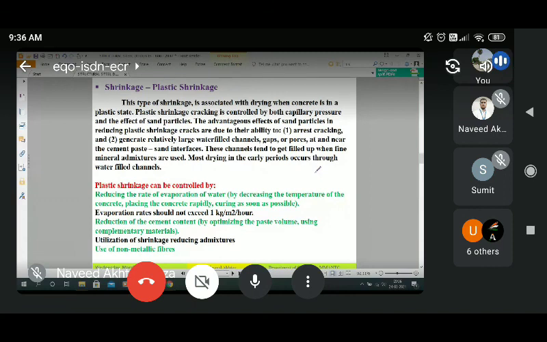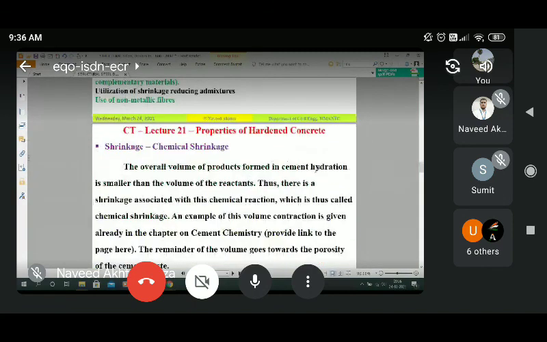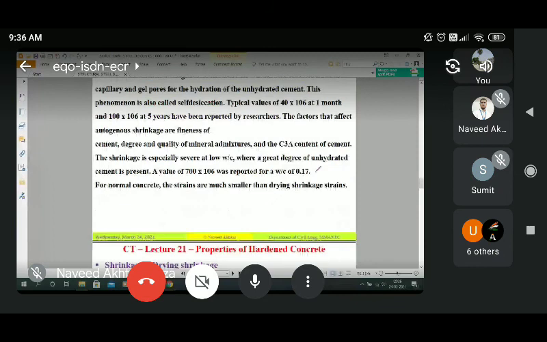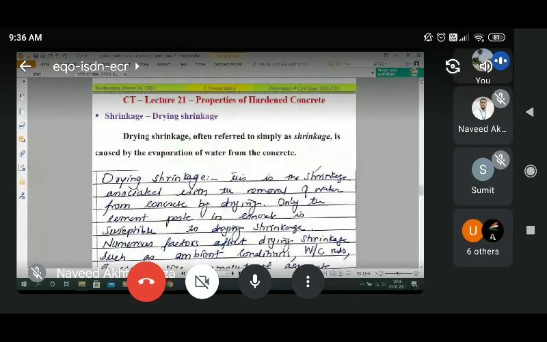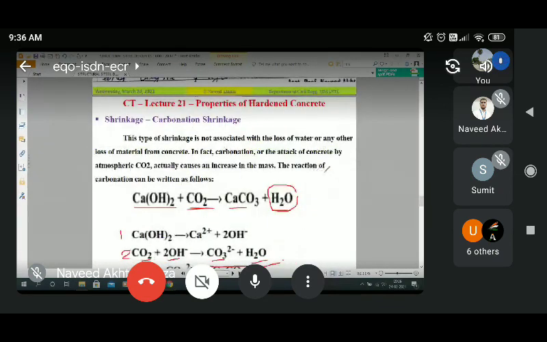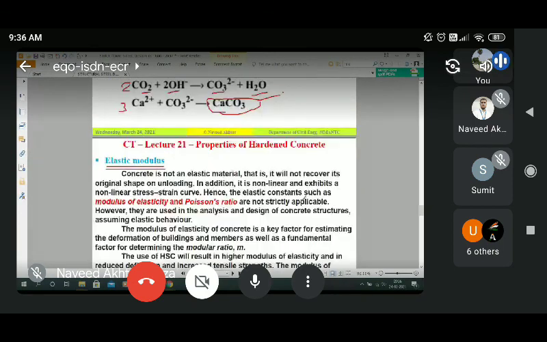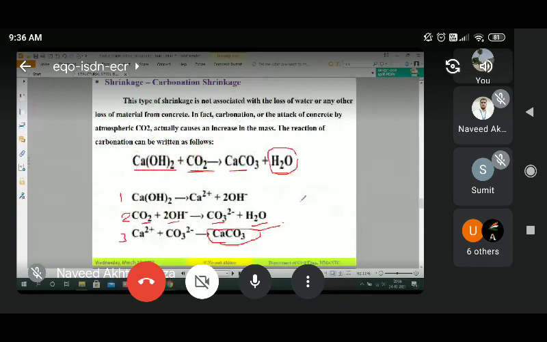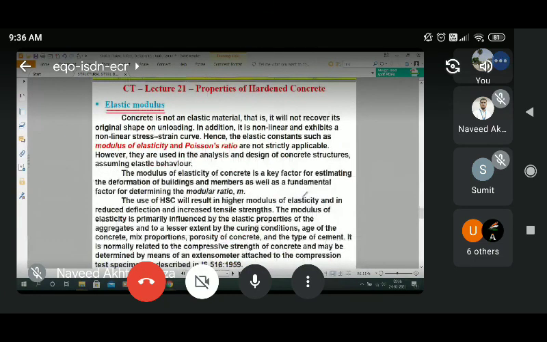So we will stop here, and if you have any doubt in your mind you can ask me about the shrinkage of concrete and the modulus of elasticity of concrete.